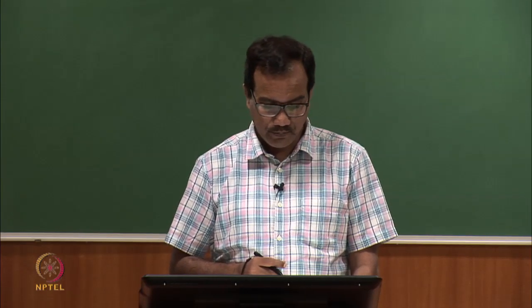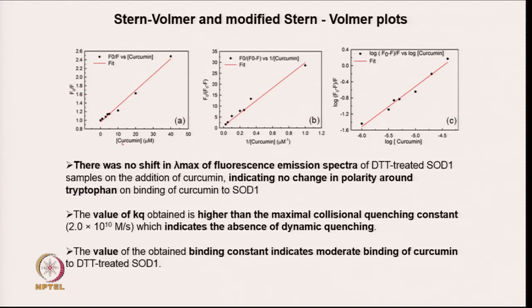Okay. So, this is the plot of F naught by F versus concentration. If you remember the Stern-Volmer plot, if I assume that this is collisional quenching, then we can get the value of Kq, which is higher than the maximal collisional quenching constant.